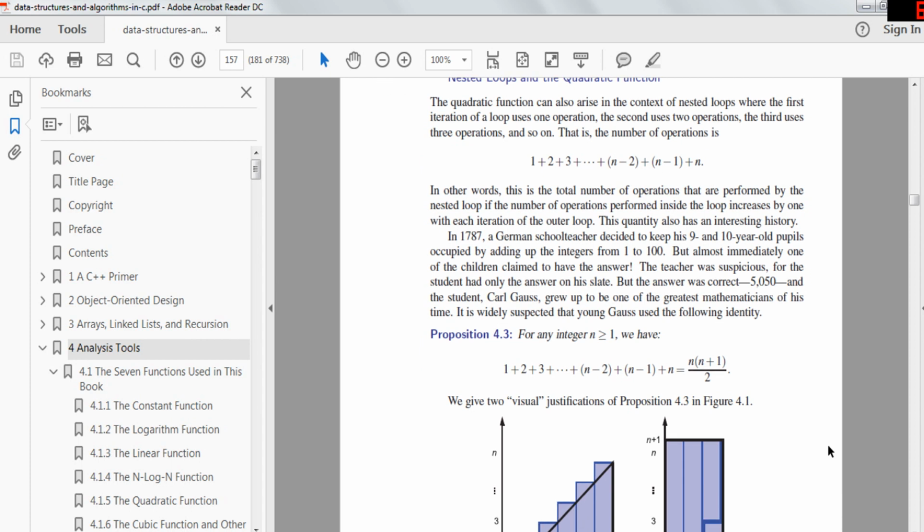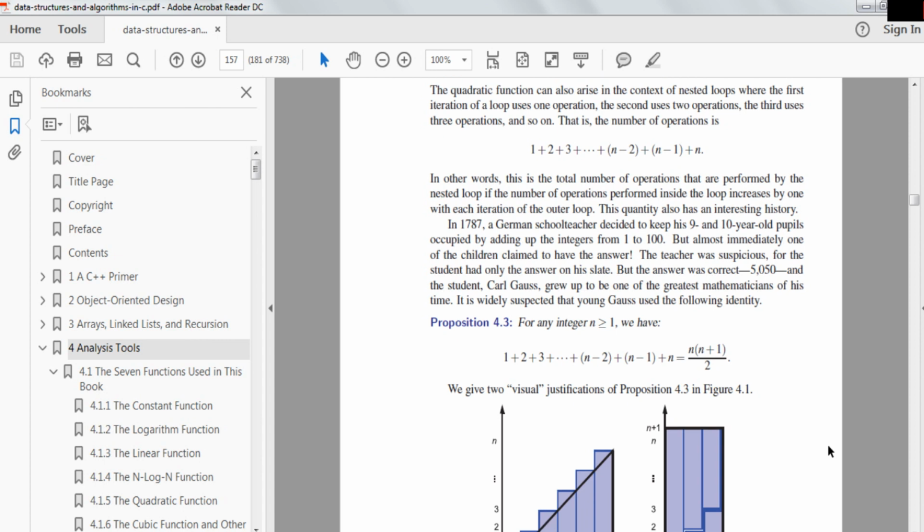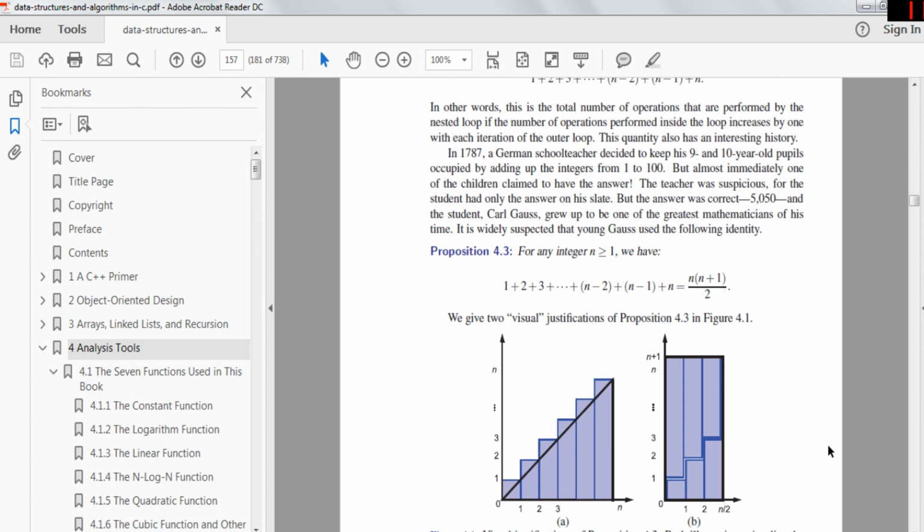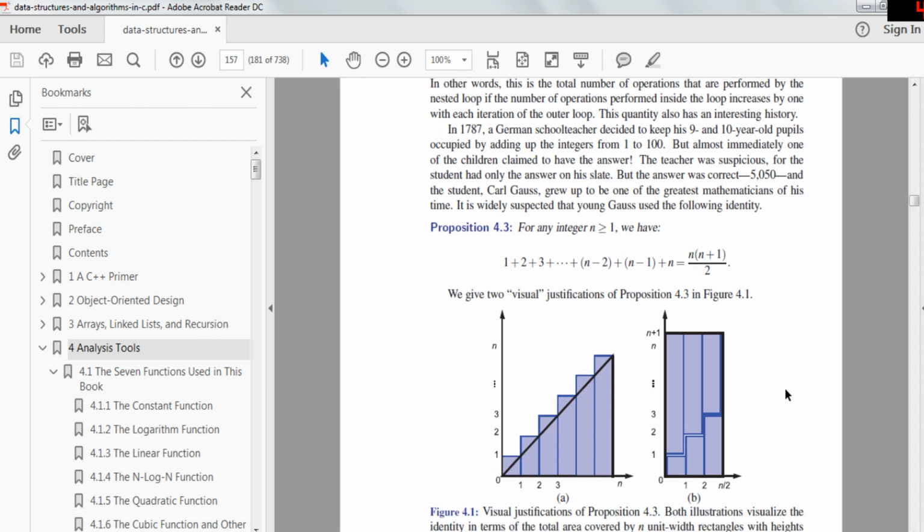The quadratic function can also arise in the context of nested loops, where the first iteration of the loop uses 1 operation, the second uses 2 operations, and the third uses 3. The number of operations is then 1 plus 2 plus 3, going up to n minus 2 plus n minus 1 plus n. So what does that mean? That means the total number of operations that are performed by the nested loop, if the number of operations performed inside the loop increases by 1 with each iteration of the outer loop.